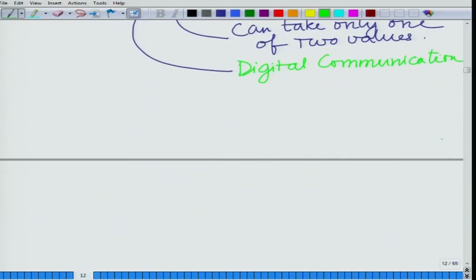Now, yet another classification of signals is real and complex signals.